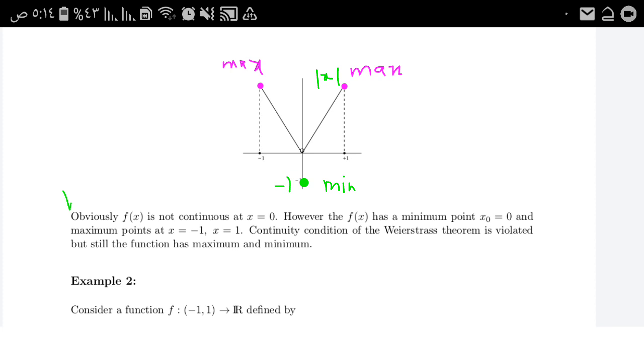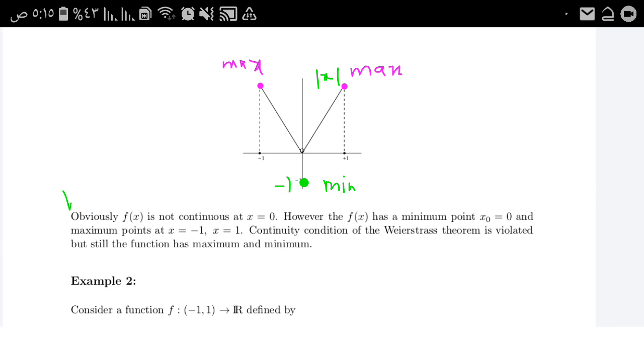Very good. So we have a minimum point and a minimum value. These are two different things. Minimum point, minimum value, and also maximum point, maximum value.